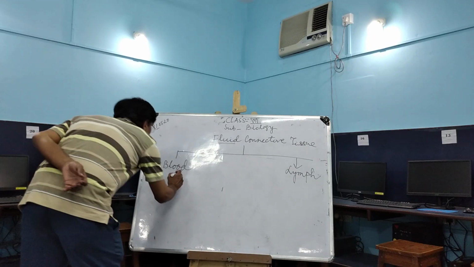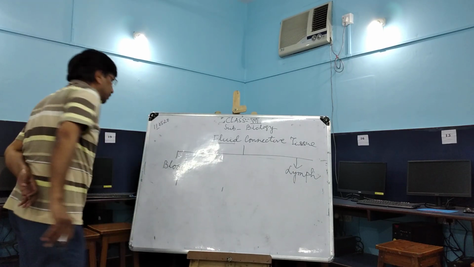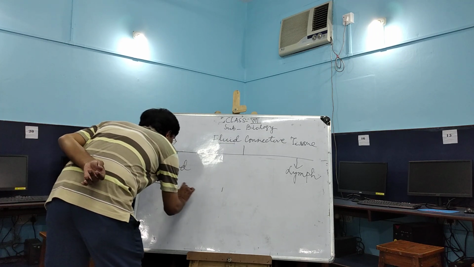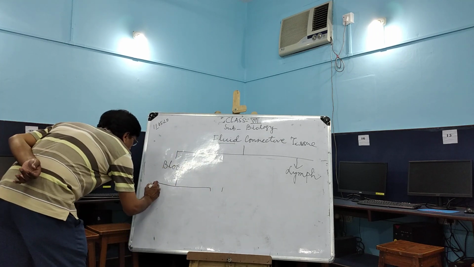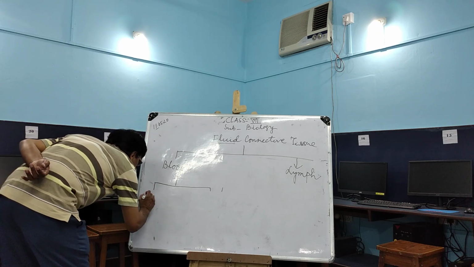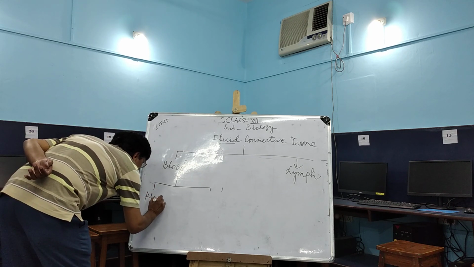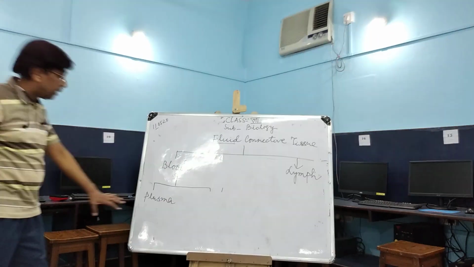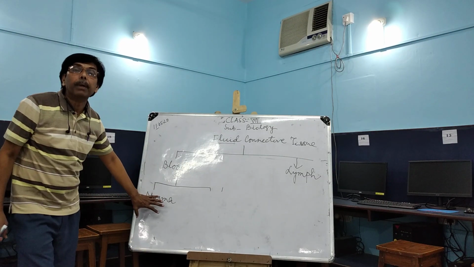Now, blood consists of 55% plasma, P-L-A-S-M-A, which is the liquid part of the blood.